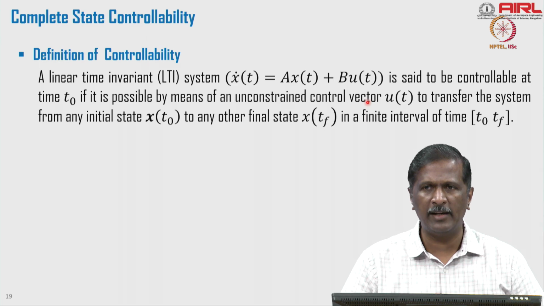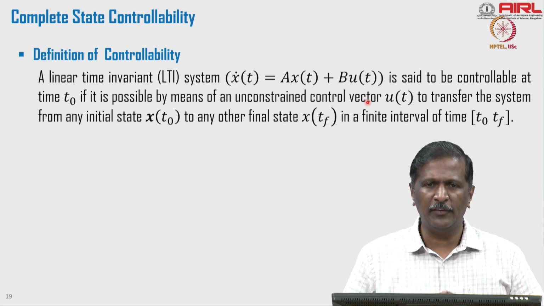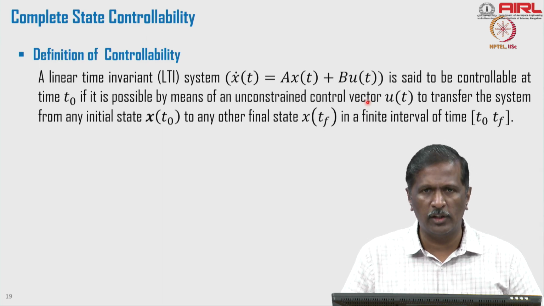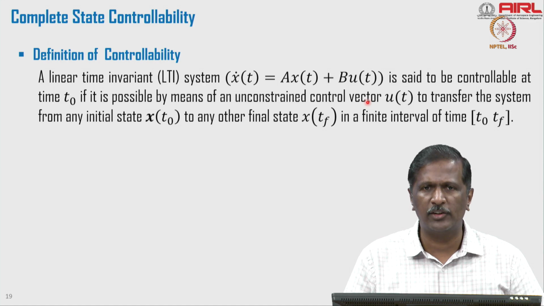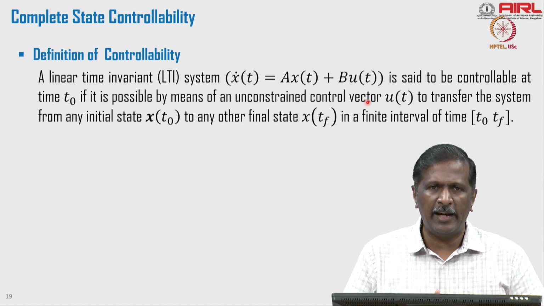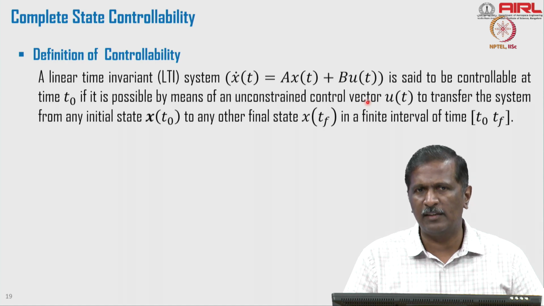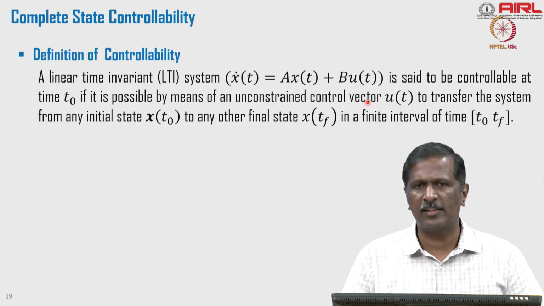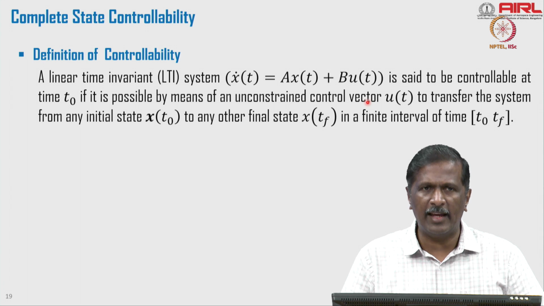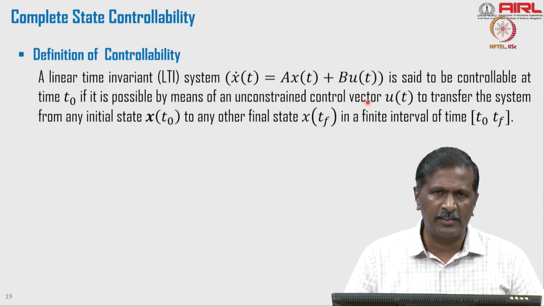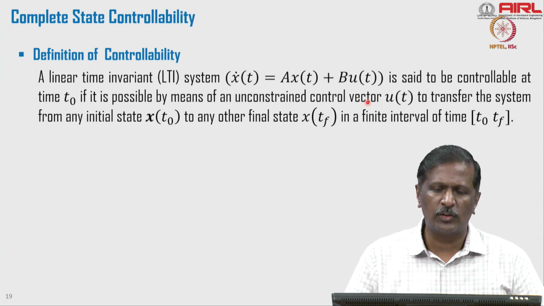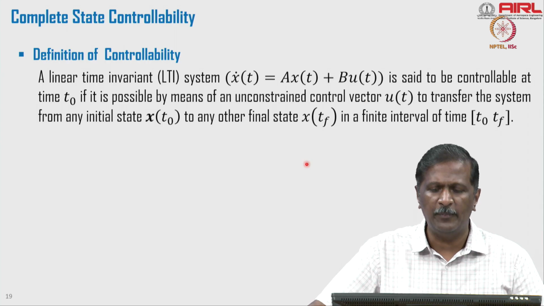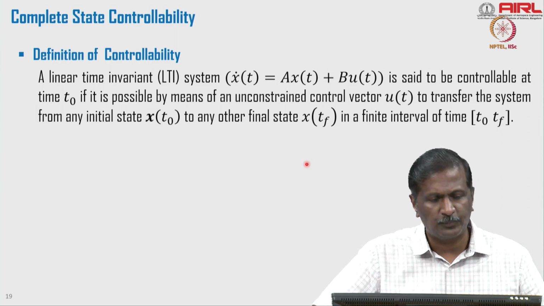What I meant is, if there exists a control input, an unconstrained control input applied on the system, such that I can take the system from any initial state x naught to a final state x of tf, then I can say that particular system is controllable. It's a very important property.